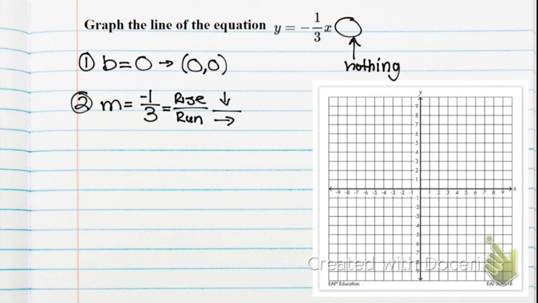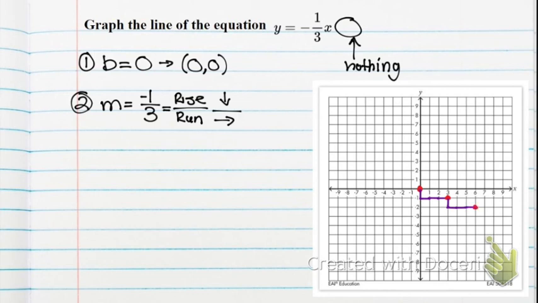Okay, so let's graph our first point. First point is always going to be step 1, which is our y-intercept. So we're going to put a dot on 0, 0. Now from there, we're going to go down 1 block and over 3 blocks and put another dot.